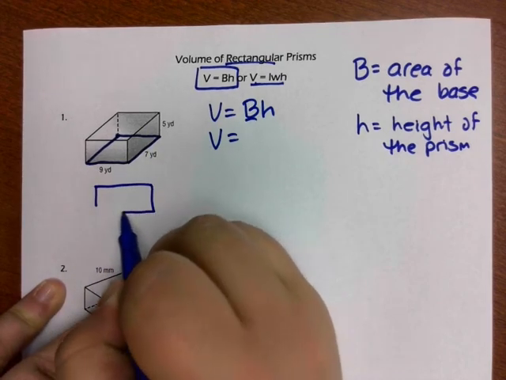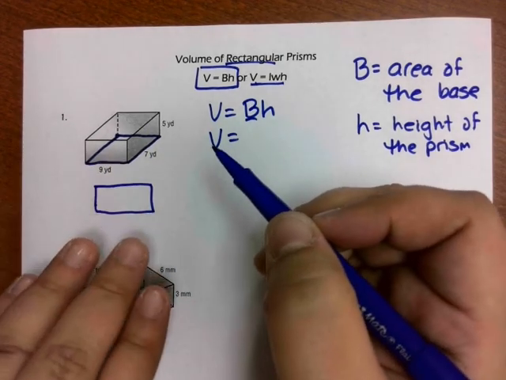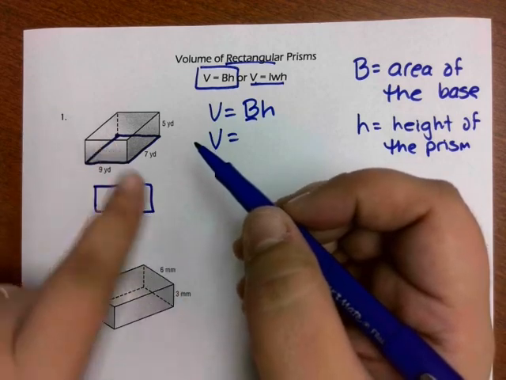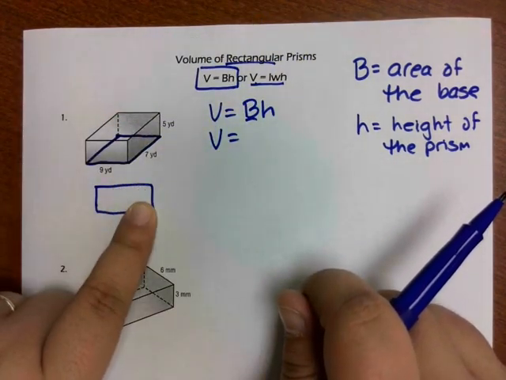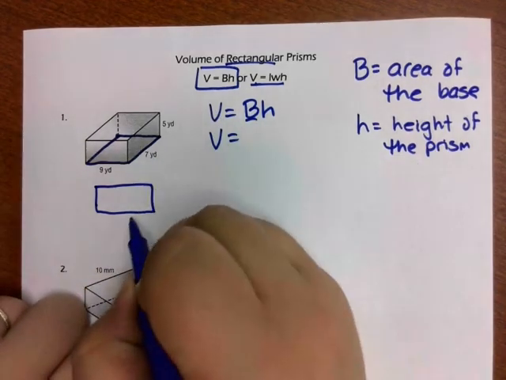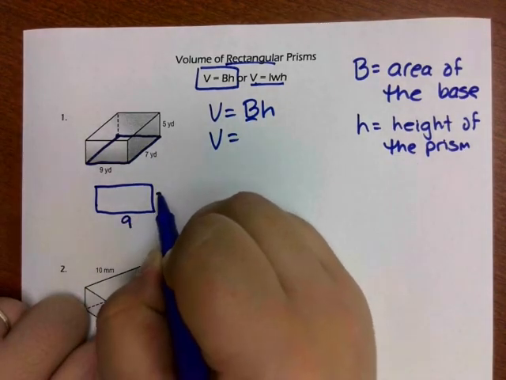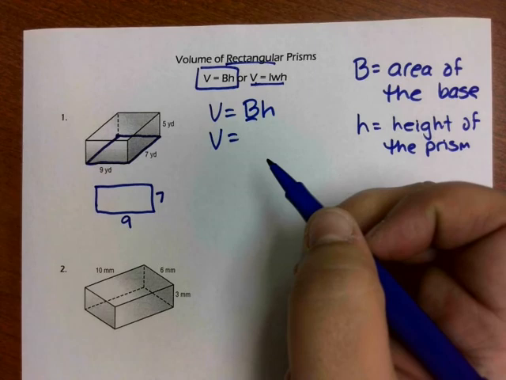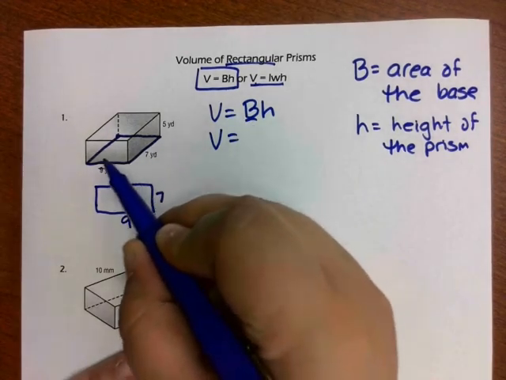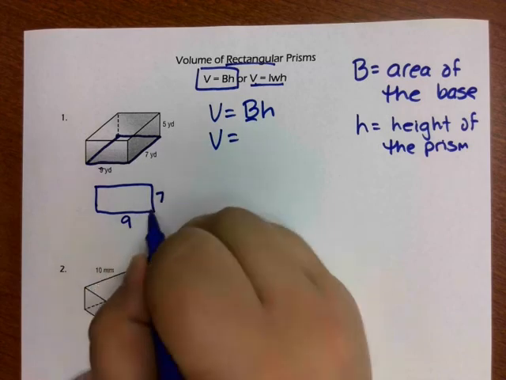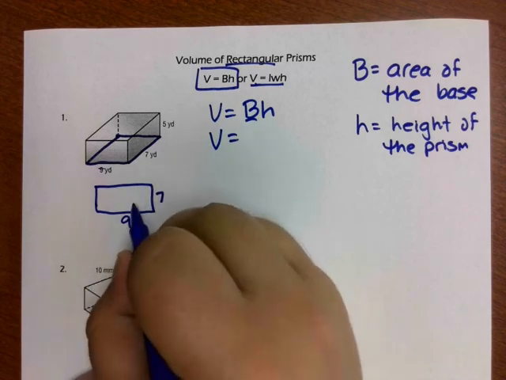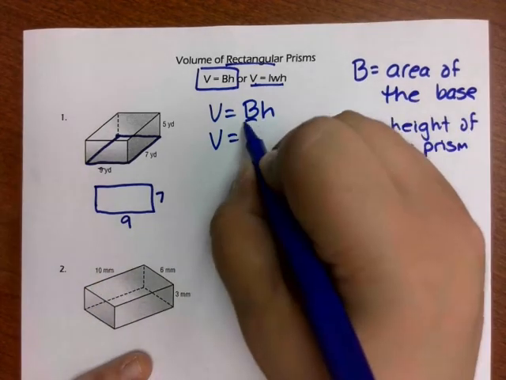I like to draw that base so I can see it as a two-dimensional shape, as if I was looking down at this box from over the top. And I would see 9 and 7. Those are the two sides on that rectangular base. So I need to find the area of this base.